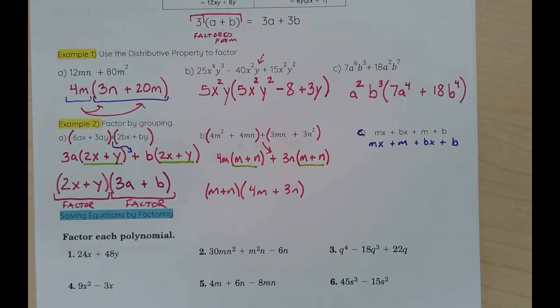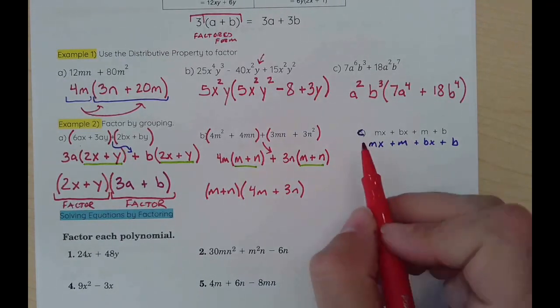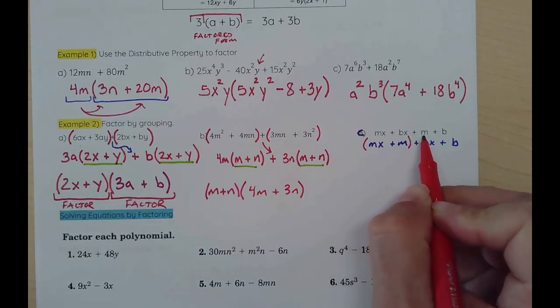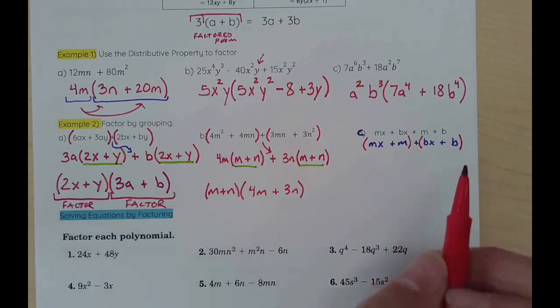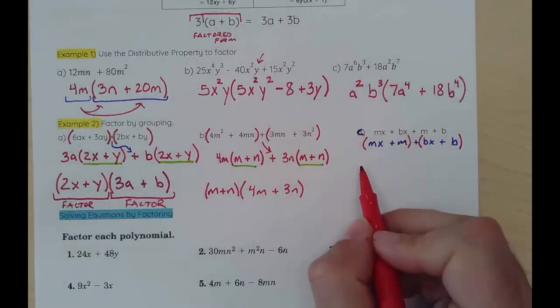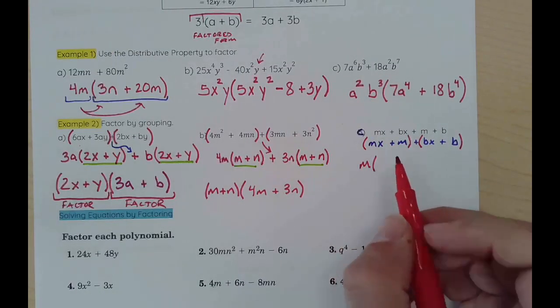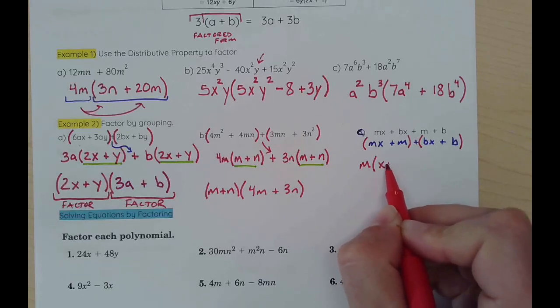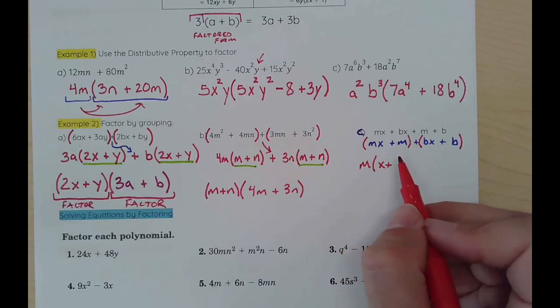Now, when I group, there's something in each group that I can factor out. In the first, it's m. So m leaves me with x plus m times 1 is m.